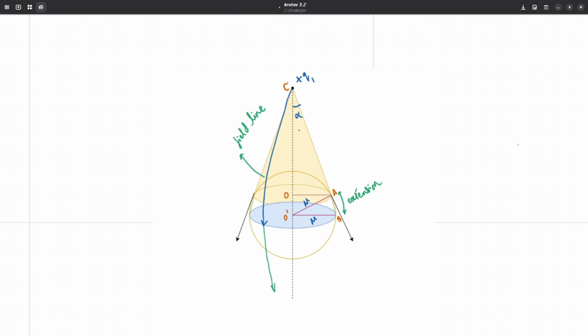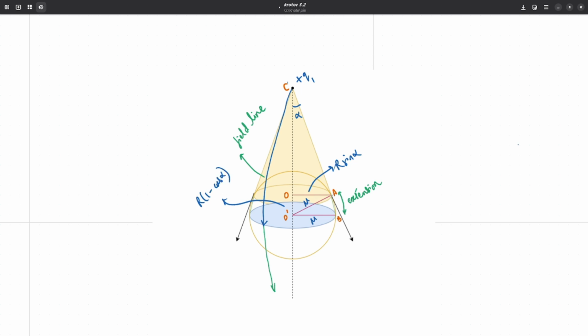As the angle is alpha, OA is r sine alpha, where r is the radius of the homogeneous sphere centered at plus Q1, where the field lines originate. And we know O prime is at the boundary of the larger sphere. So OO prime is r times 1 minus cos alpha.